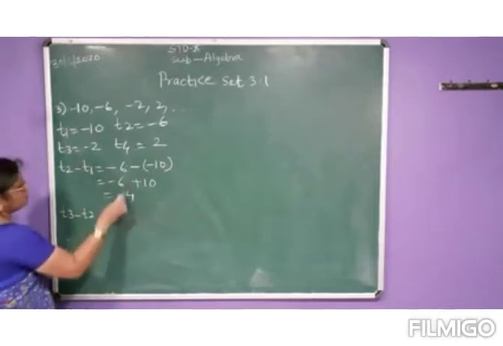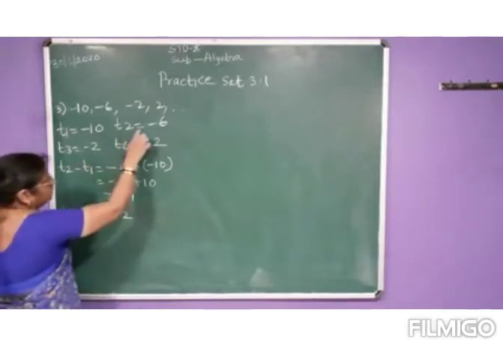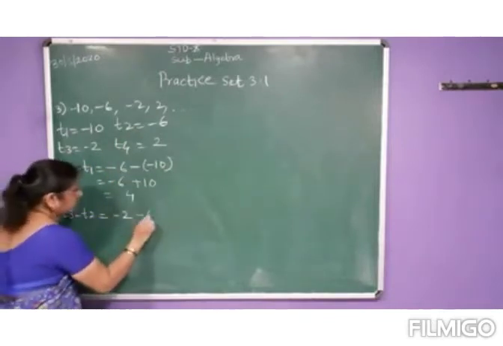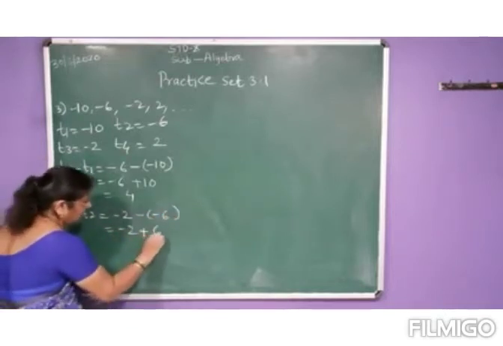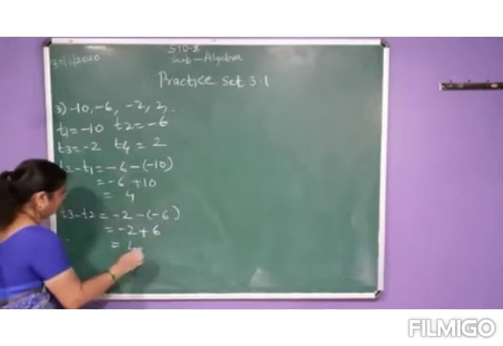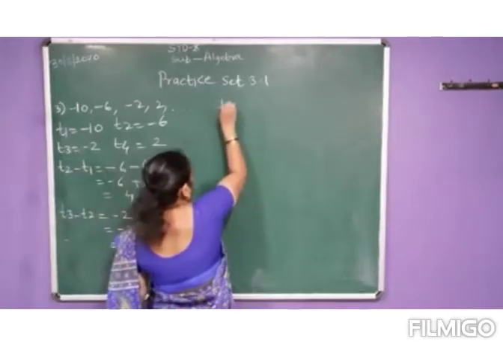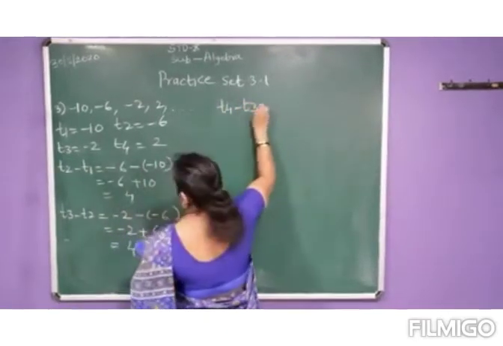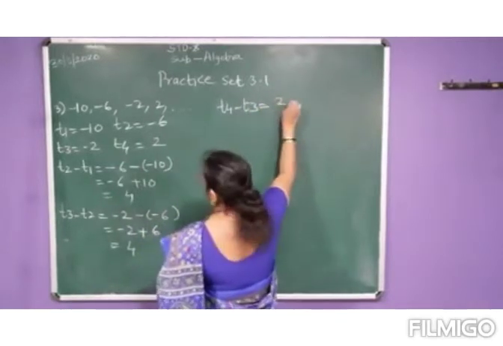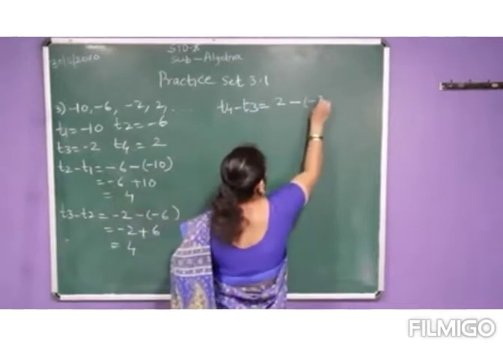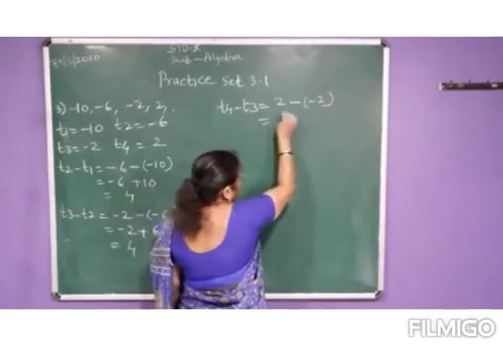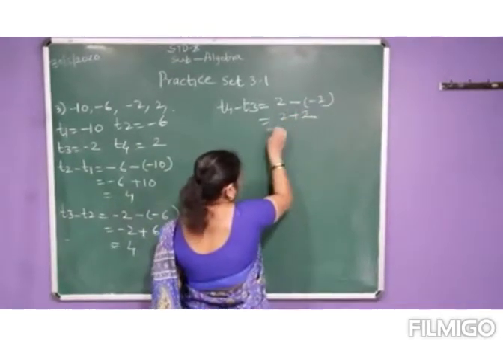Now we will find out T3 minus T2. Now T3 is minus 2 and T2 is minus 6. So minus 2 plus 6, that is 4. Then we will find out T4 minus T3. Now T4 is 2 minus T3, which is minus 2. Now again minus minus will become plus. So 4.